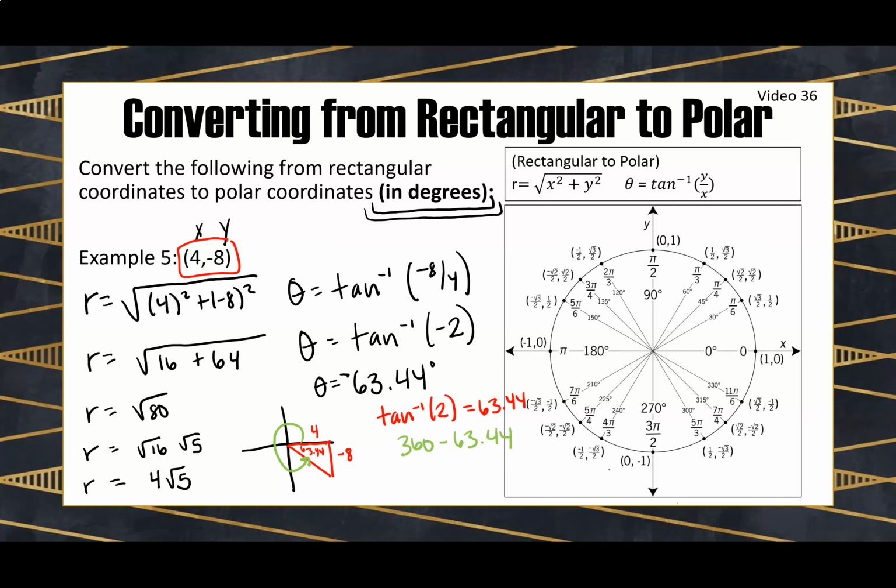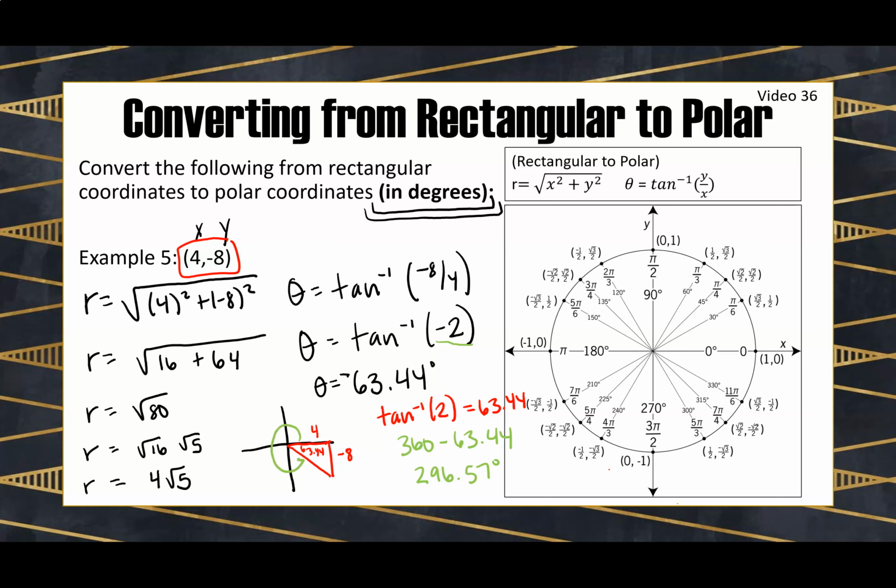So I don't care if you do the negative or if you do the positive, just really find out where your angle is located. And I like doing positive because it always tells me what the reference angle is. So here I know that 360 minus 63.44 actually gives me 296.57. So that's that green angle that I have right here.